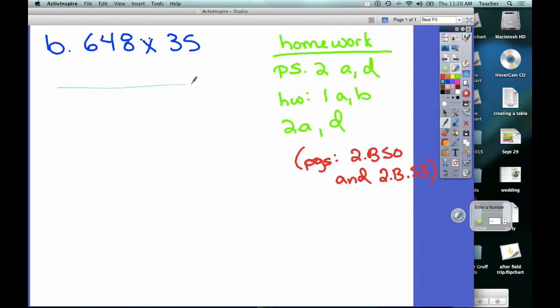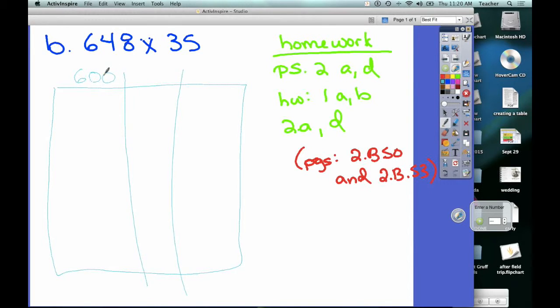We're going to make our table. Guys, pay attention because a lot of you aren't getting this. How many digits are in my first number? 3. So I'm going to just go ahead and start by making 3 columns. What's my first digit? How much is it worth? It's worth 600 because it's in the hundreds place.